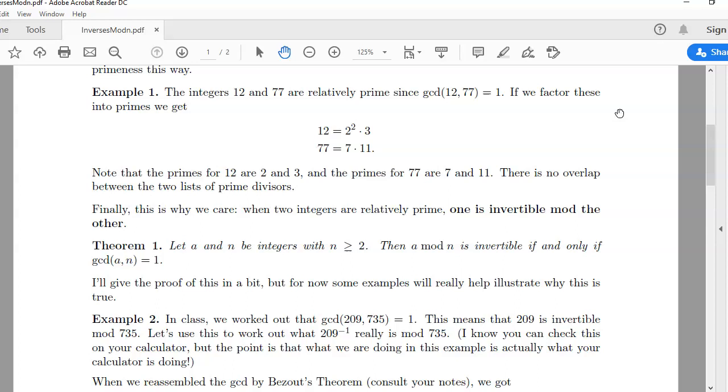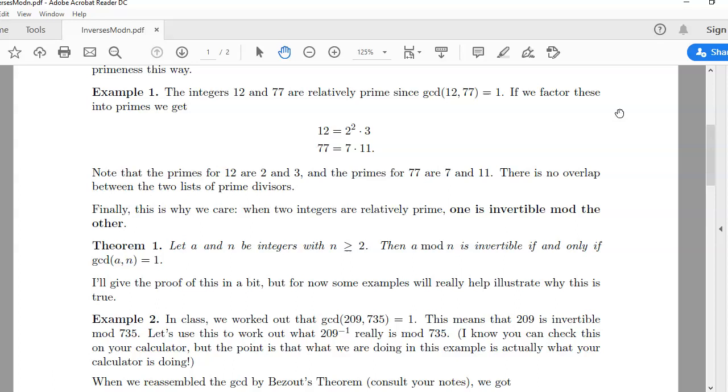All those primes are distinct. That's the real reason that 12 and 77 are relatively prime. And this ends up being one of the most important ideas in all of cryptography. You will hear me mention relative primeness throughout the whole rest of the semester when we're discussing modern cryptographic algorithms. They all work based on this idea, okay?